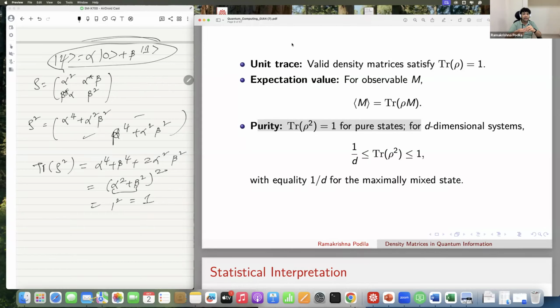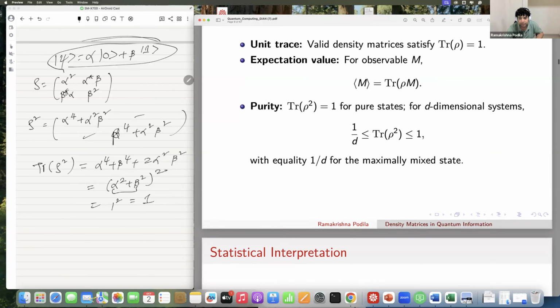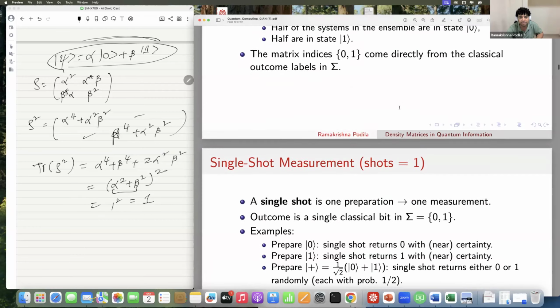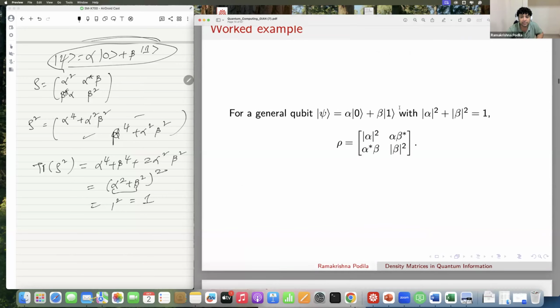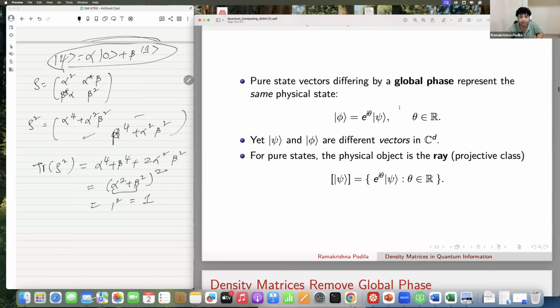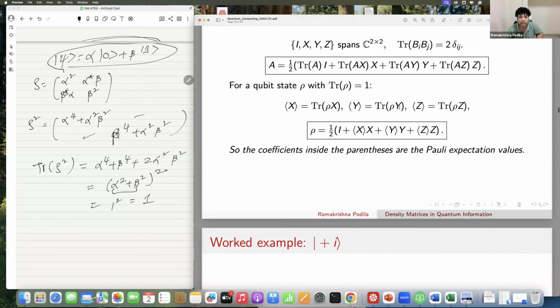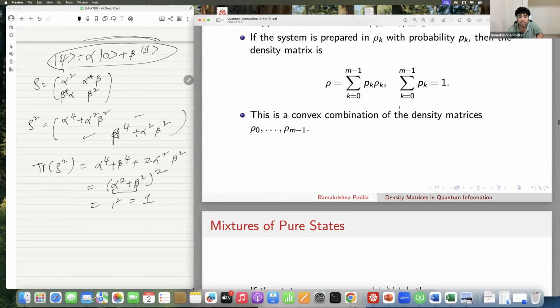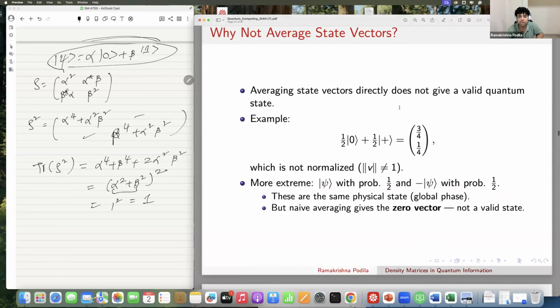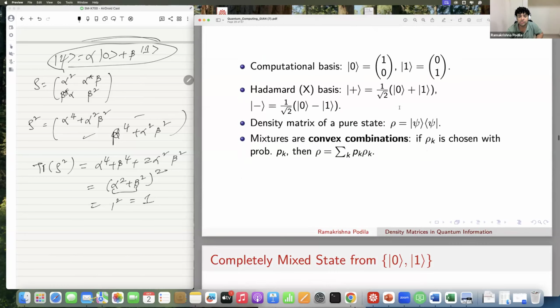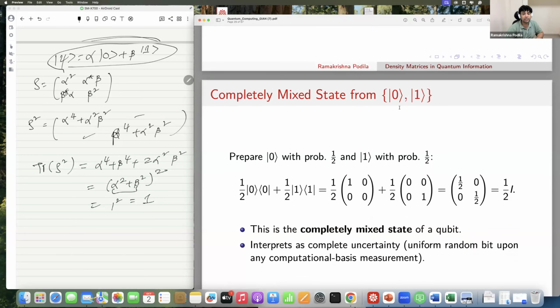So for a mixed state, I can only write the expression for density matrix in the sense that, for example, we have seen previously one maximally mixed state that is between plus minus and minus plus. Like this one, right?